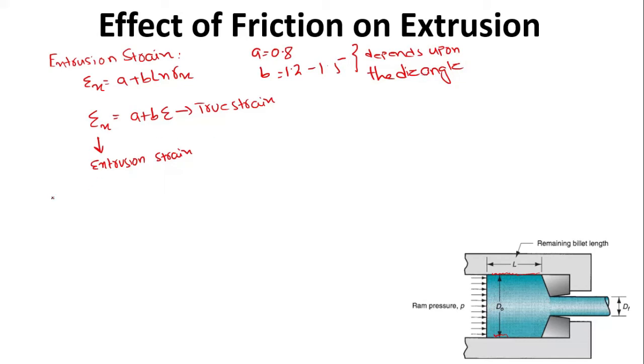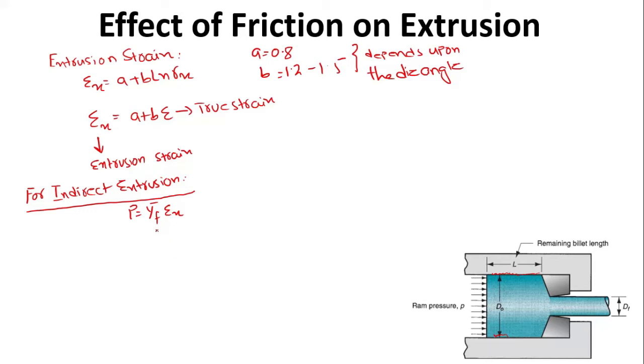So for the indirect extrusion, as you know, there is no friction involved that much, so you can have the pressure being exerted equal to the flow stress into the extrusion strain.